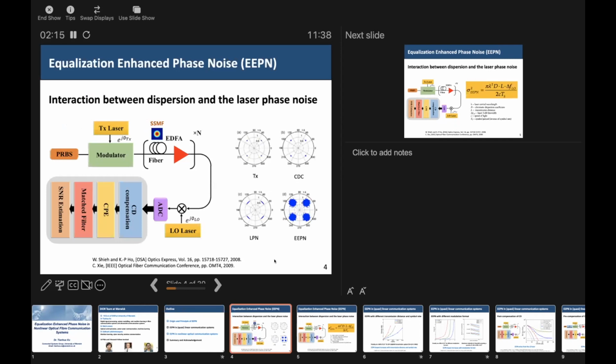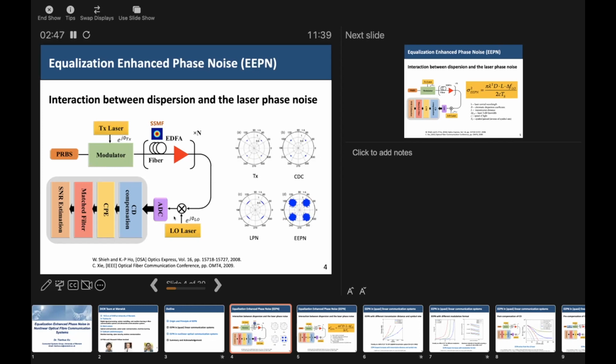The figure on the left-hand side is a typical long-haul coherent optical communication system. At the transmitter part, we add the information on top of the carrier from the transmitter laser. Then we feed the modulated signal into the fiber loop, or the cascaded fiber spans, and after each fiber span we have an optical amplifier.